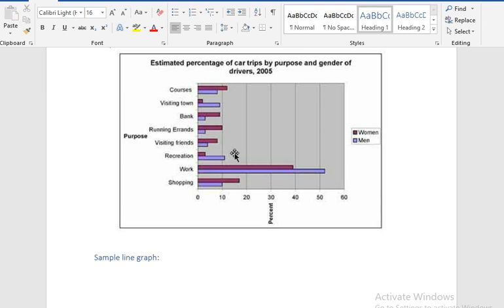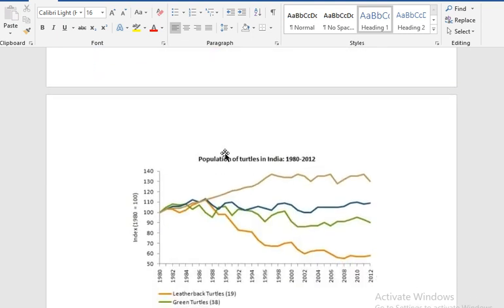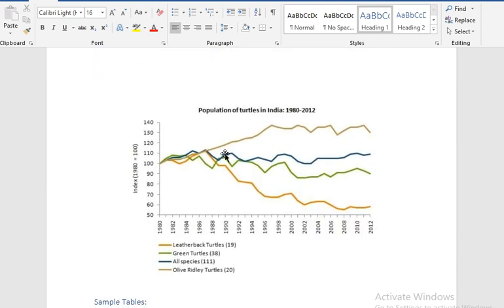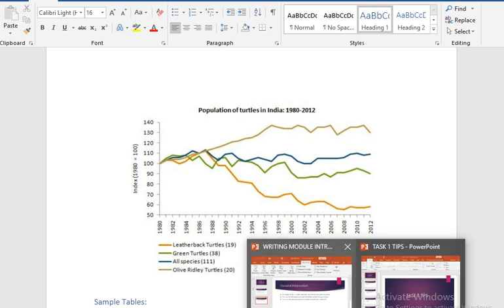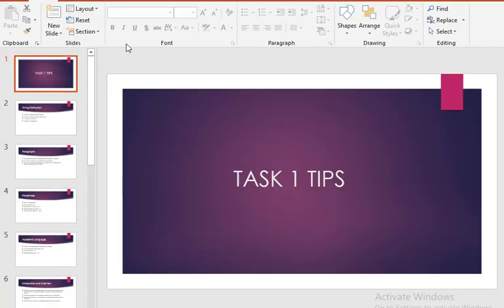So you can compare that men running errands and men at the bank are compared, although visiting friends and the bank for women is also comparable. So you have to watch for these kinds of similarities in these graphs. So let's hop into some task tips.